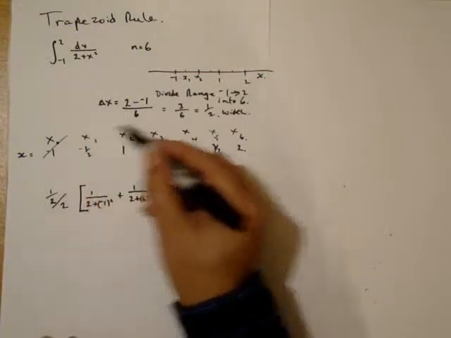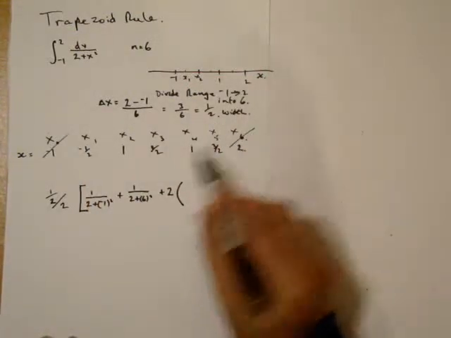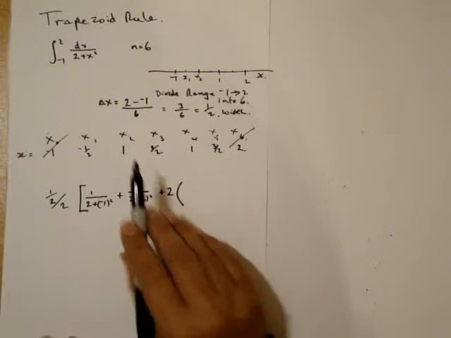So we've done that one, and we've done this one, and now we're just left with our middle values.